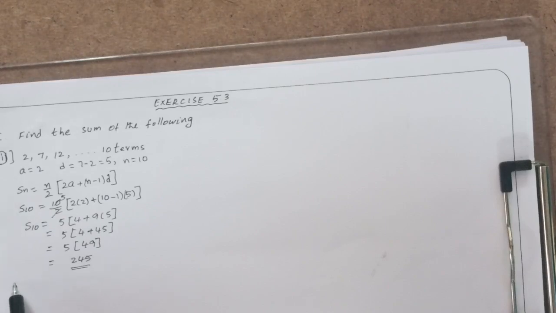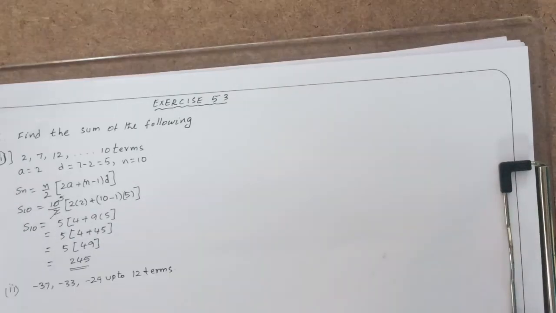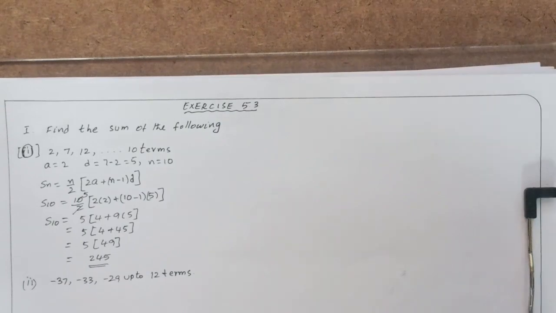Next, second sum. Here minus 37, minus 33, minus 29, up to 12 terms in this progression.